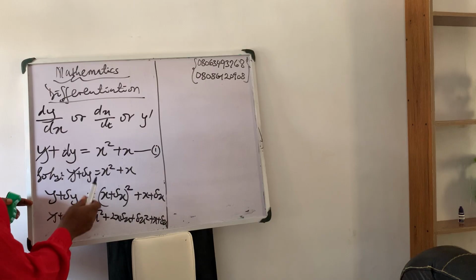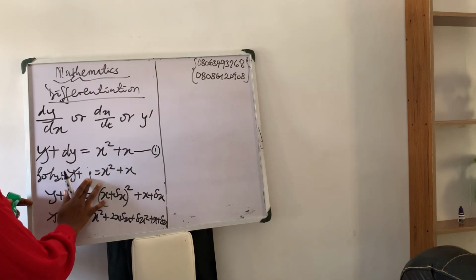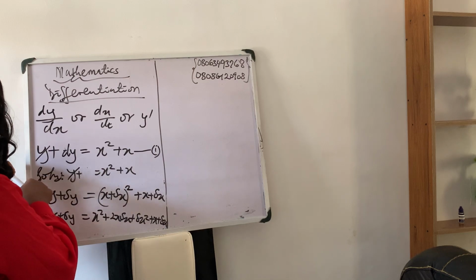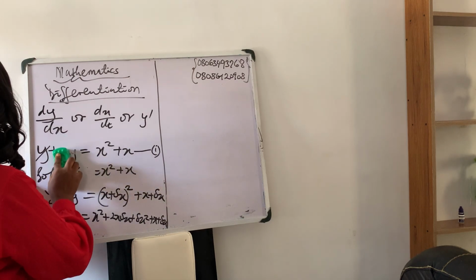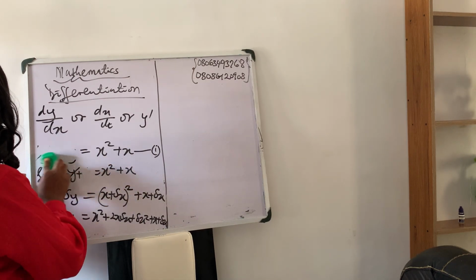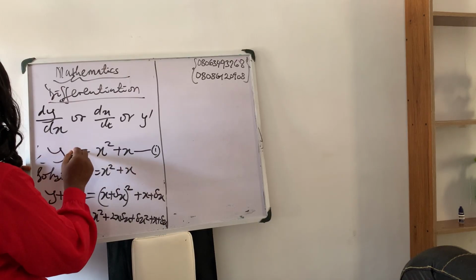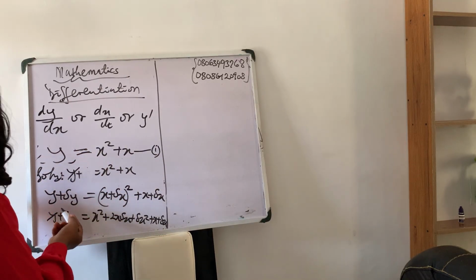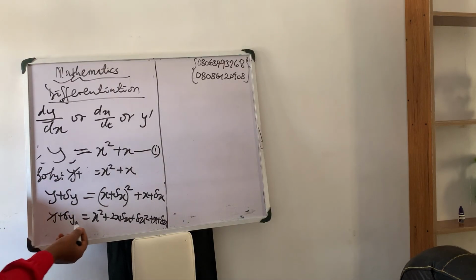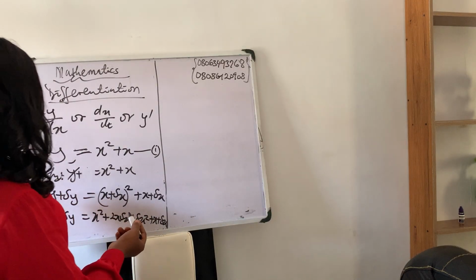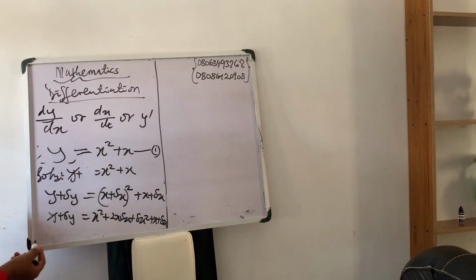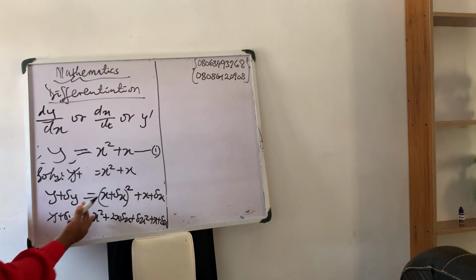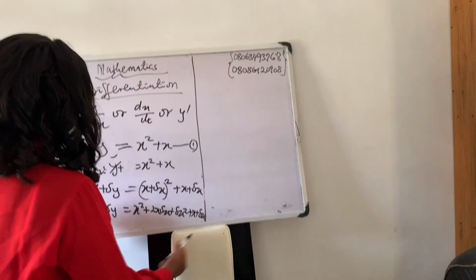Recall that y equal to x squared plus x. And when we multiplied, because we are to add dx to x, and x plus dx squared, you get x squared plus 2x dx in that order.